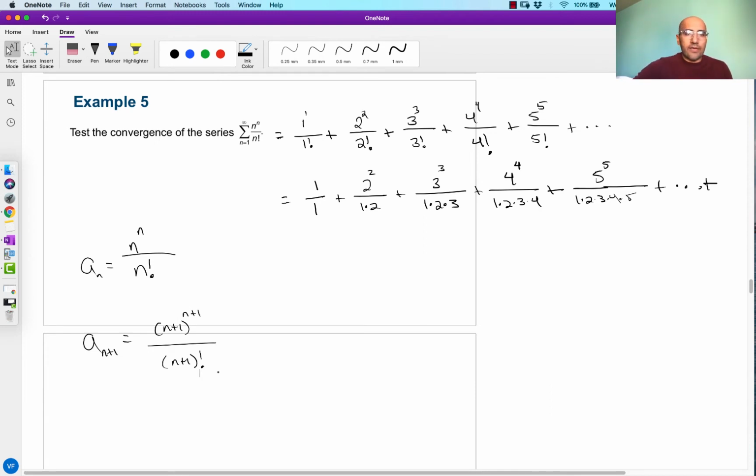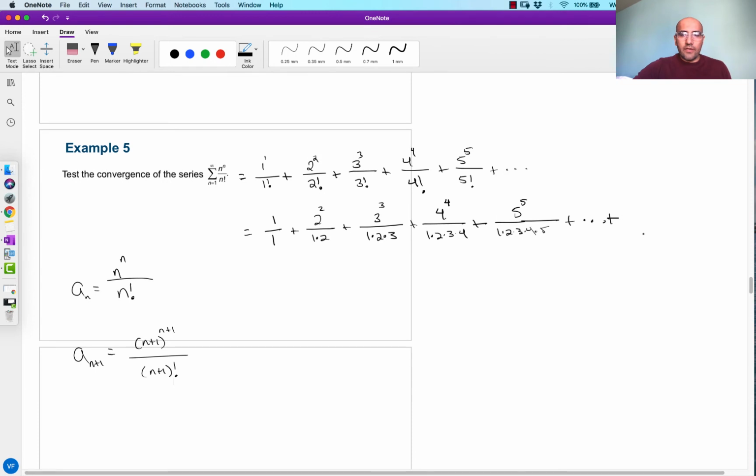So if we kept going in this sequence, that's where those two terms would come. As we go n equals 1, n equals 2, and so on, eventually the nth one is n to the power of n divided by n factorial, and the one right next to it would be n plus 1 to the power of n plus 1 divided by n plus 1 factorial.